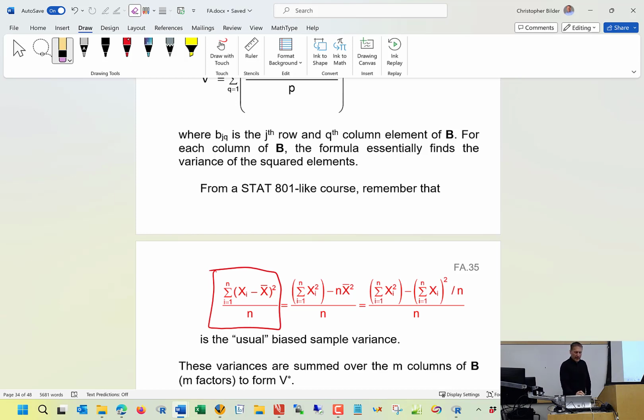One can do a little bit of math and show that this expression could be equivalently expressed like this: the sum of the x's squared minus the sum of the x's, that quantity squared divided by n, and then the whole thing divided by n. It's just using some algebra. Don't worry about it, though.